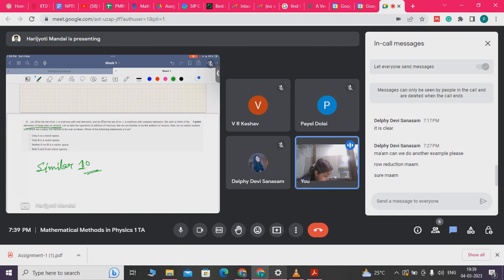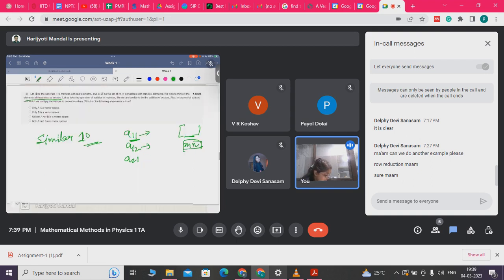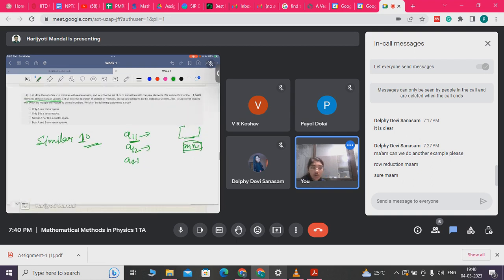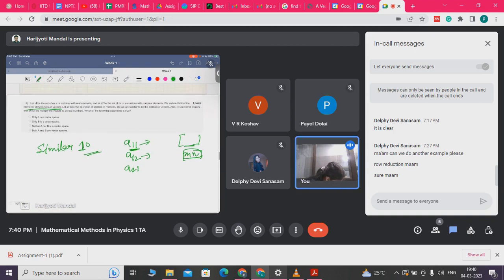It is similar to question number 10. The only difference is that the entries here, the elements of these sets, are A11, A12, A21, and so on. It is not limited to 4 elements; there are m into n elements. There we assumed A11, A12 were either complex or real, but both times they were from the scalar field. But here they are vectors.